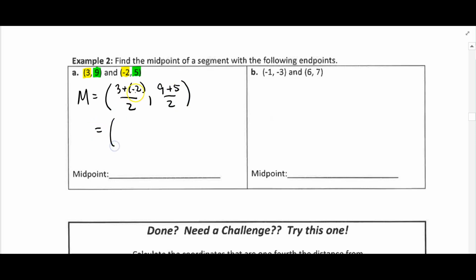So 3 minus 2 is 1, so 1 over 2. 9 plus 5 is 14. 14 divided by 2, and if we simplify, we're going to end up with 1/2, comma, 7.